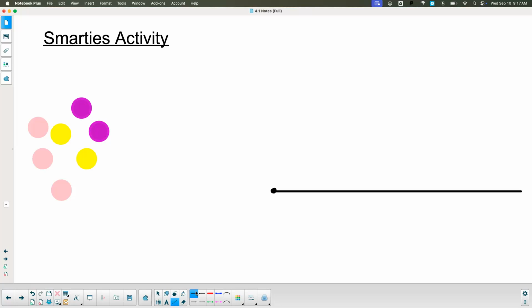Okay? Then what you're going to do is take your Smarties and line them up, starting right there, smack dab in the middle, along your line. If you go 6 wide, if you go 7, go 7 wide. But you're going next to one another all the way across until you get to 6 or 7.